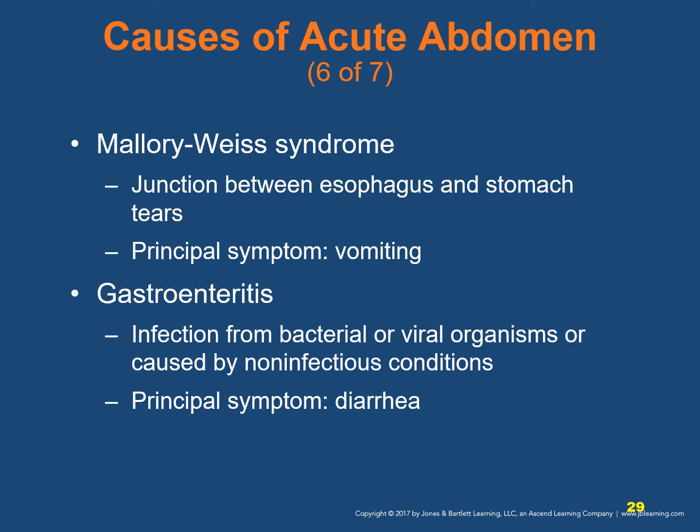Gastroenteritis is a different problem, and gastroenteritis is an infection combined with diarrhea, nausea, and vomiting. It can be caused by either bacteria or viral organisms and enters the body through contaminated food or water. It can also be caused by non-infectious conditions such as adverse medication reactions, toxin exposure, or chemotherapy.